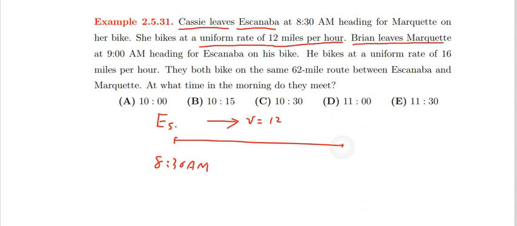So Brian leaves this place. So this place is my leave this way, right? At 9:30, and his speed is 16.